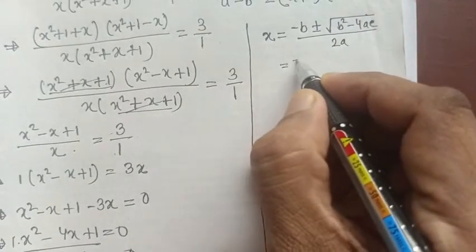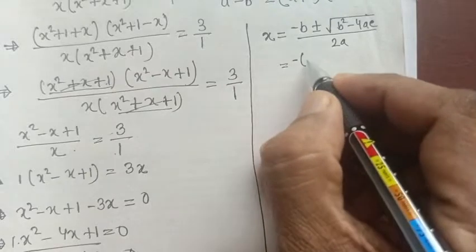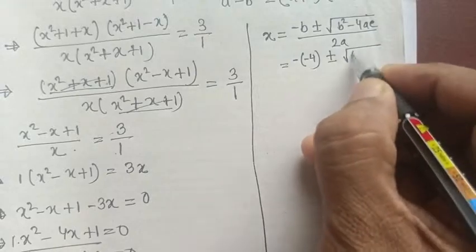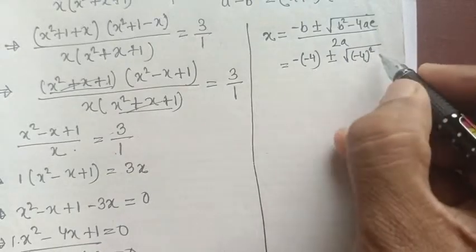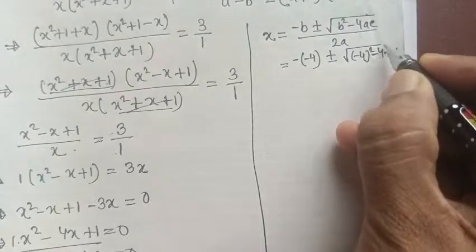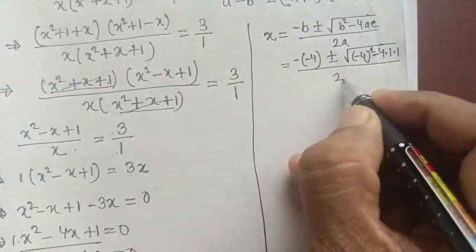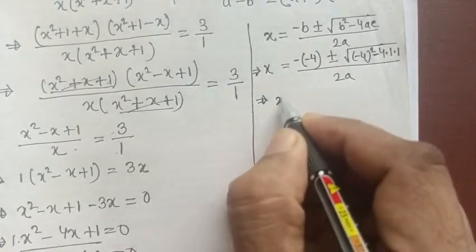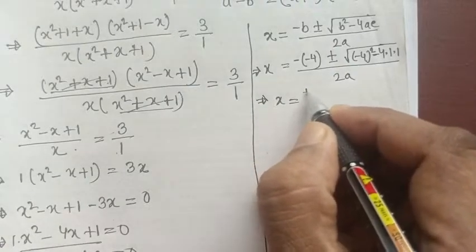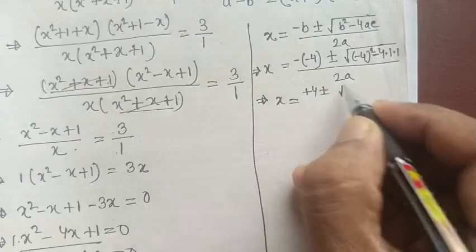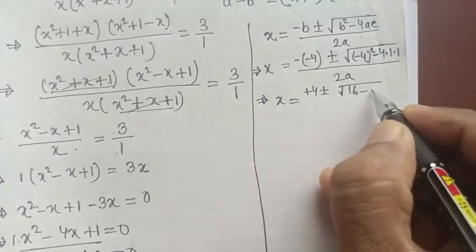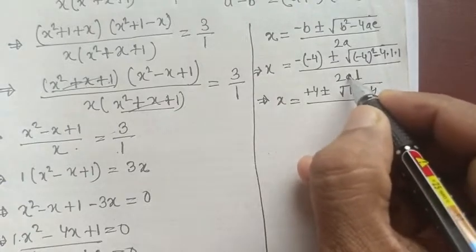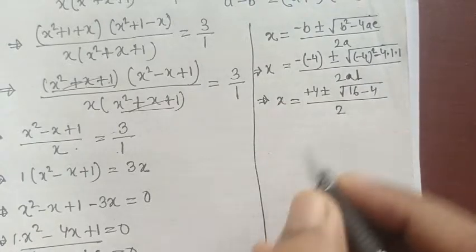Now we are going to put the values. b is equal to minus 4, so x equals minus of minus 4 plus minus root over b square minus 4 into 1 into 1 by 2a. Therefore x is equal to plus 4 plus minus root over 16 minus 4, sorry, here we need to put the value of a, that is 1. So we get by 2.